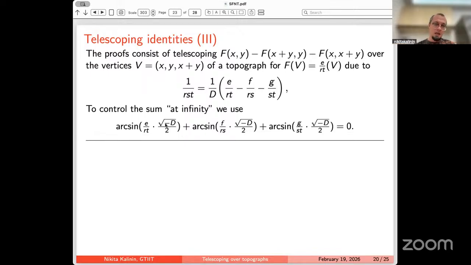Then the sum of these things is just 0 at every vertex, which means that the sum at infinity can be put back to the root. That sum of signs does not change, and the error that we have when we switch from e over rt to arcsine goes to 0 for the same reason as here.